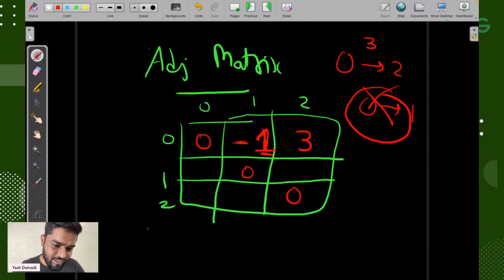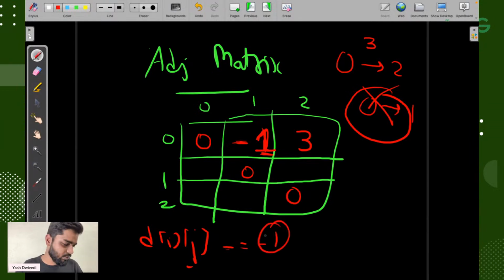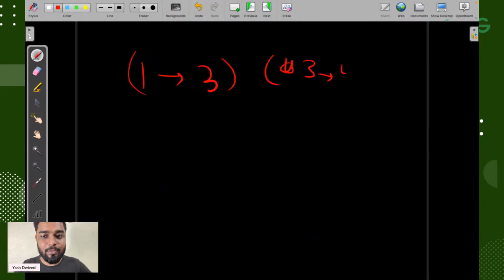If there is no direct path from, let's say, i to j, then it will be marked as -1, and in that case you will not use it, because it is not possible. You need to understand this. Suppose you go from 1 to 3 and then from 3 to 4.